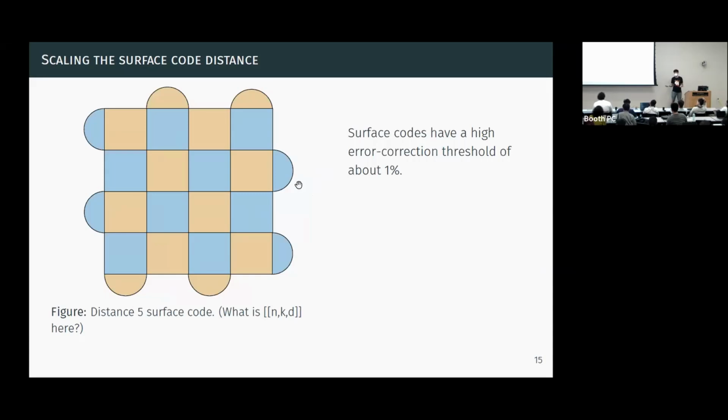So it doesn't have a threshold. Whereas for the surface code, if I have independent errors occurring with probability less than 1%, and you tell me you want a machine that has a 10 to the minus 7 error rate, then I'll tell you, okay, pick a code distance of 30 and encode your logical information in these huge surface code patches, and you'll have 10 to the minus 7 error.